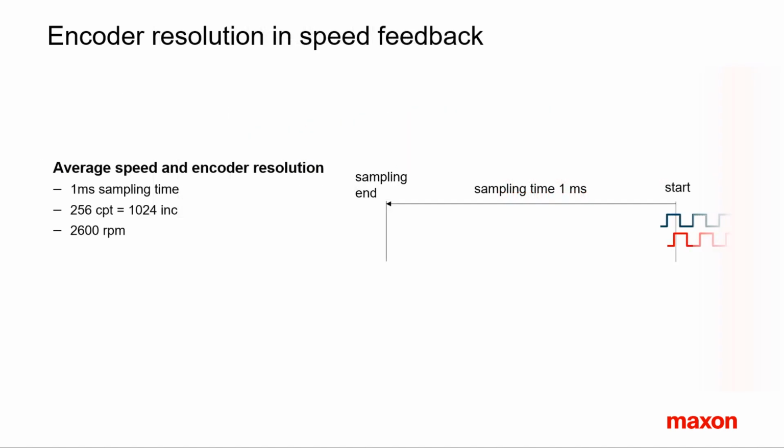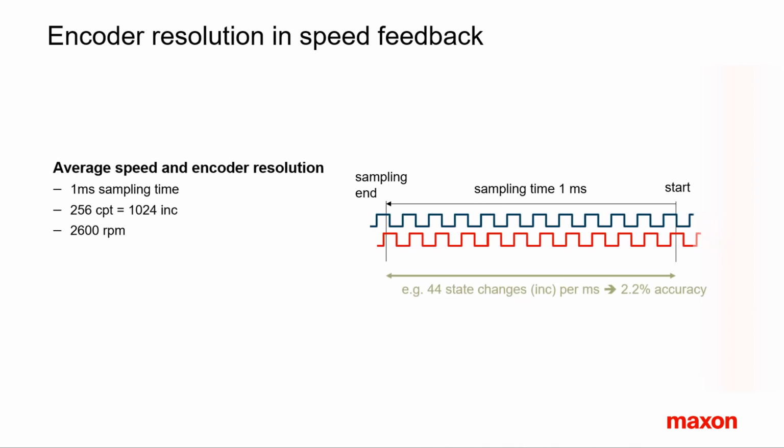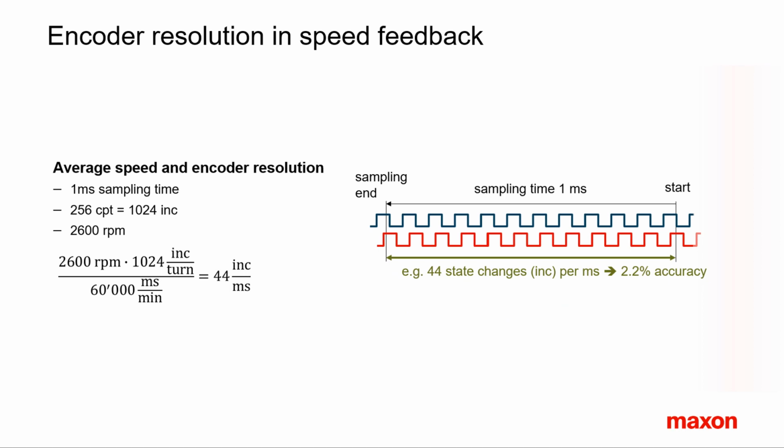However, what are the main considerations regarding encoder resolution in speed feedback? In the speed controller, velocity evaluation is usually done by counting the number of states per cycle time. At a reasonably high speed, there are many states per cycle time.